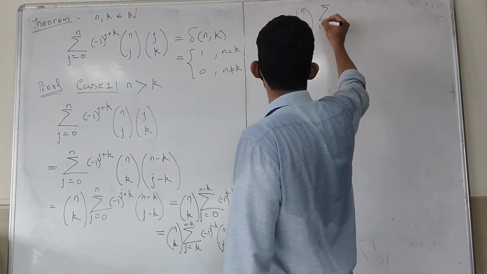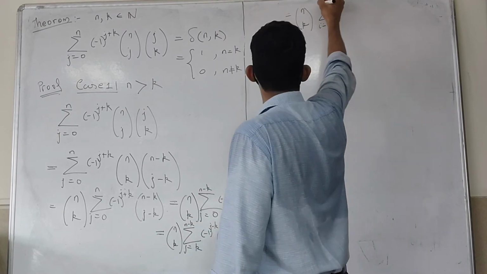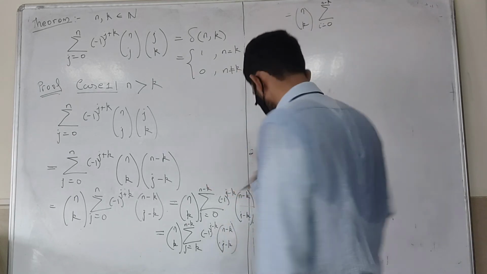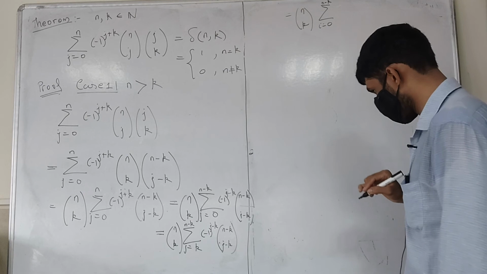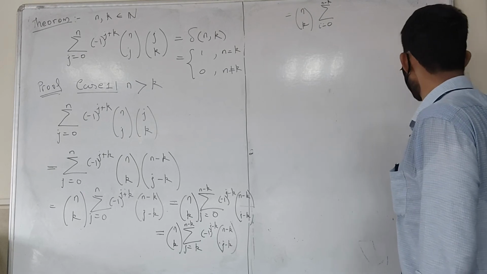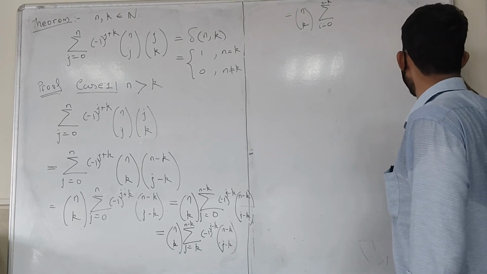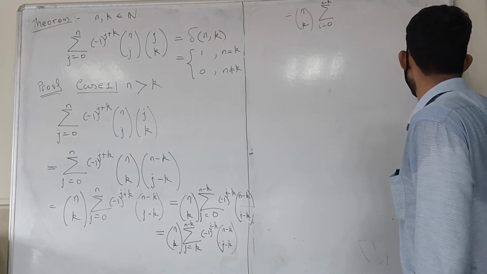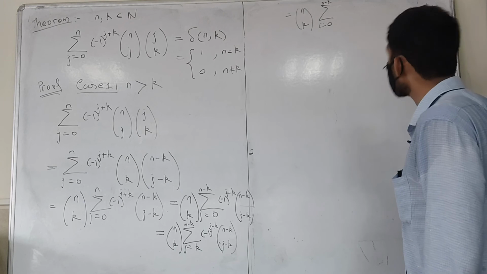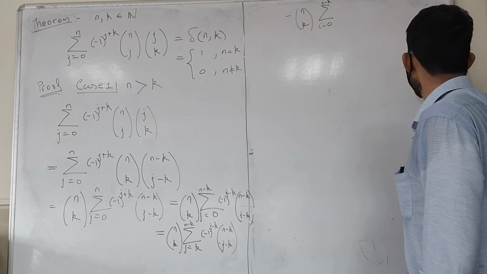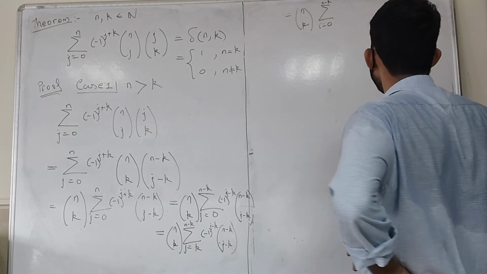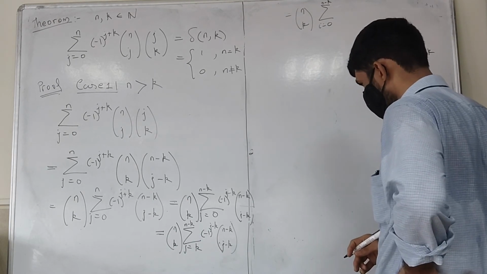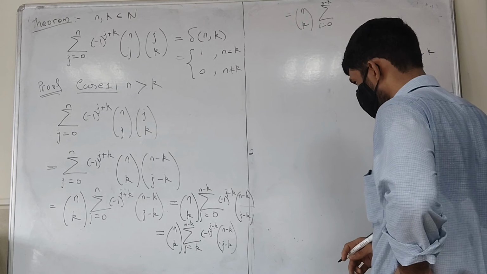So your i would go from 0 to n minus... no, in place of j minus k you are putting i. So when j is n minus k, what would it be? What do you get here?